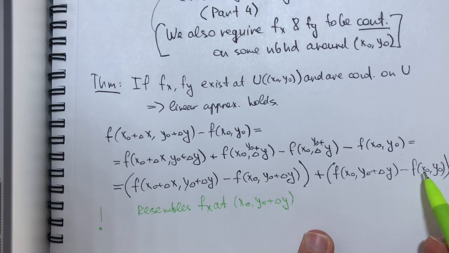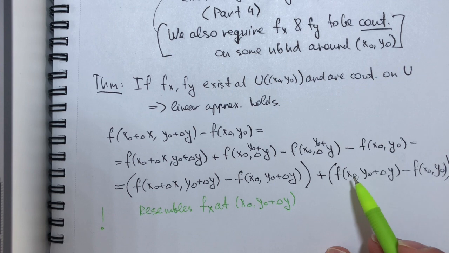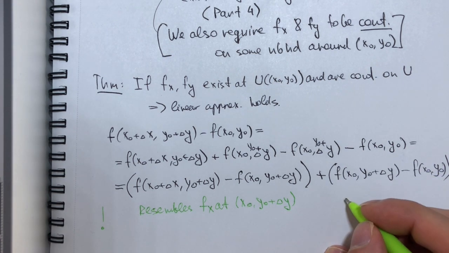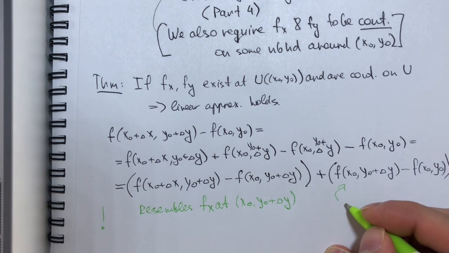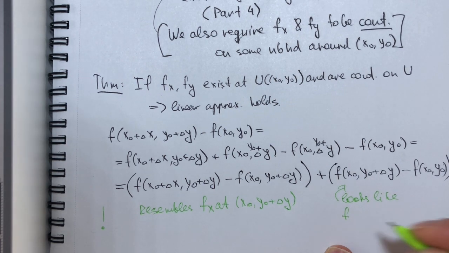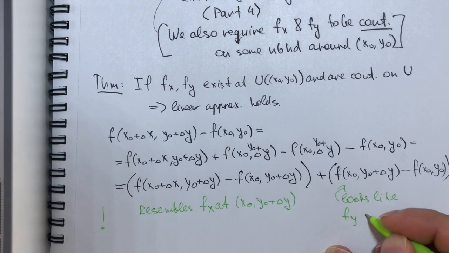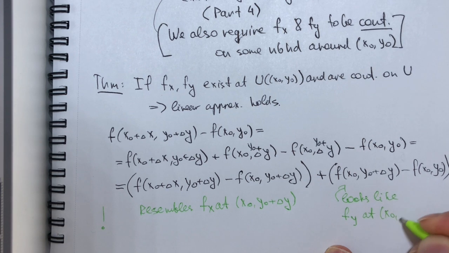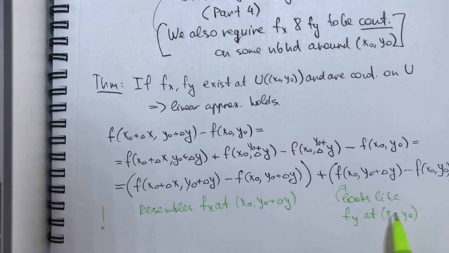And here, x naught is fixed and y naught receives an increment. So this looks like a partial derivative with respect to y at x naught, y naught. So notice how these partial derivatives are happening at different points.